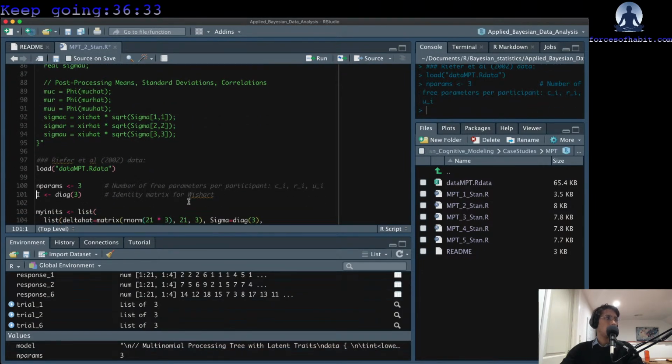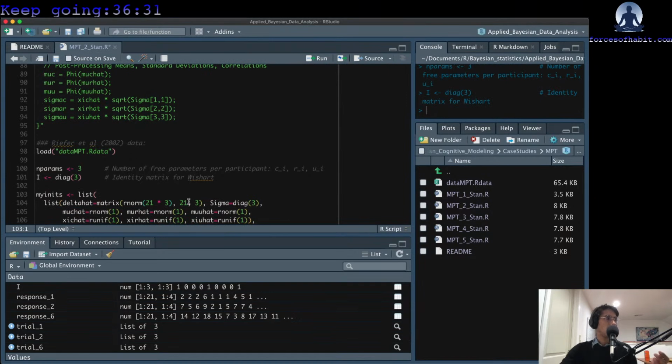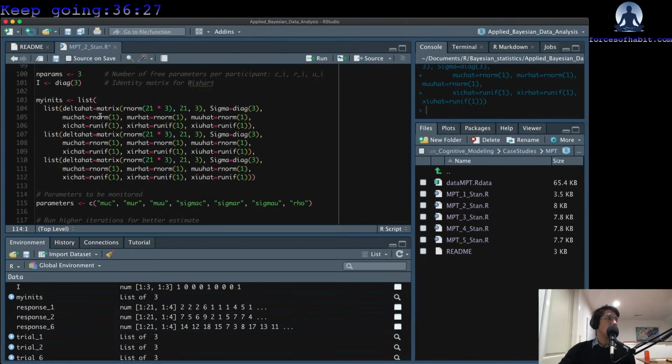Number of parameters. Identity matrix is going to be 3. The initializations for each of them. So keep in mind we're going to use 3 chains here, it looks like, and then we have to initialize delta hat, sigma, each of the mu's, each of the variance parameters. Xi.